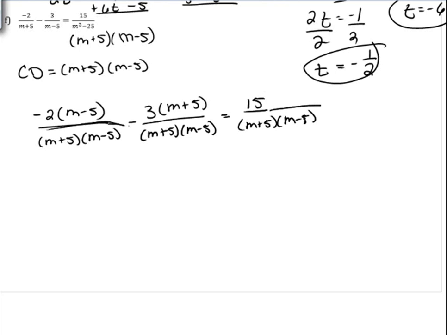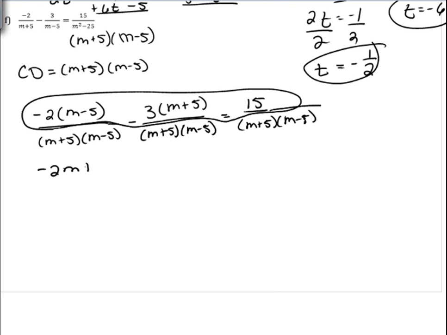Now that the denominators are the same, we can just look at the numerators. Distributing the negative 2 gives us negative 2m plus 10. Distributing the negative 3 gives us negative 3m minus 15, and that's equal to 15.